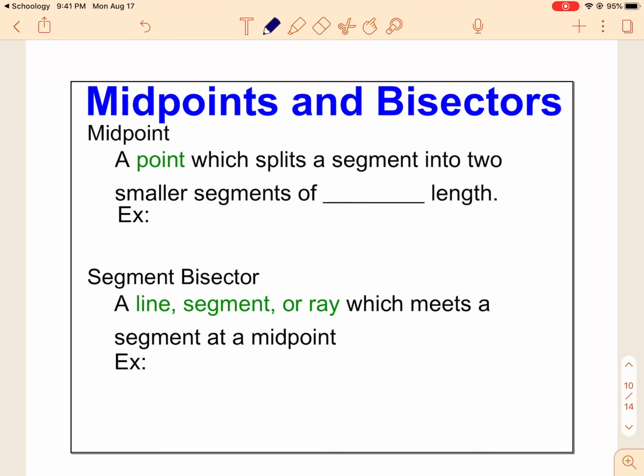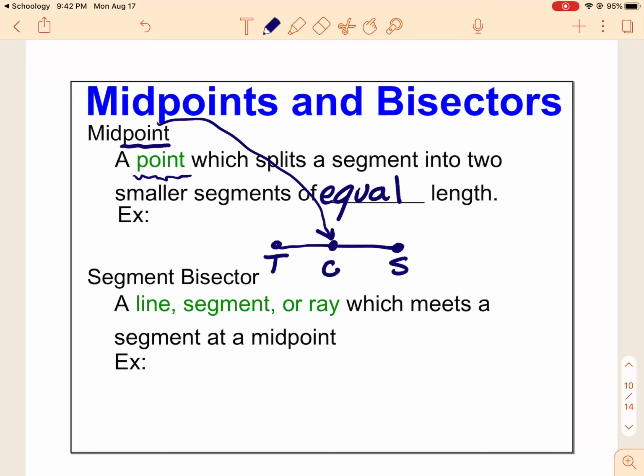So a midpoint, obviously in the word midpoint, is a point which splits a segment into two smaller segments of equal length. So an example of that might be, here's a segment, we'll say TS, and if C is the midpoint, then that's saying it cut it into two equal parts.